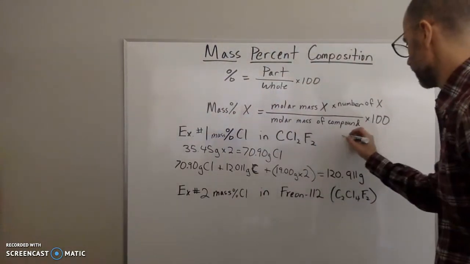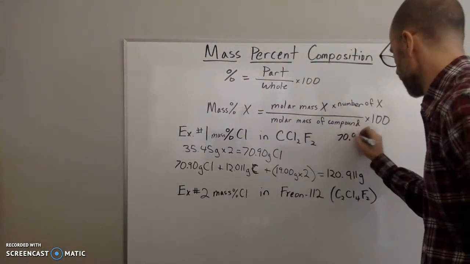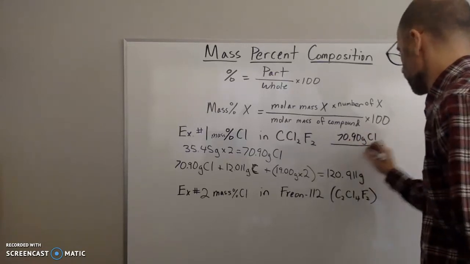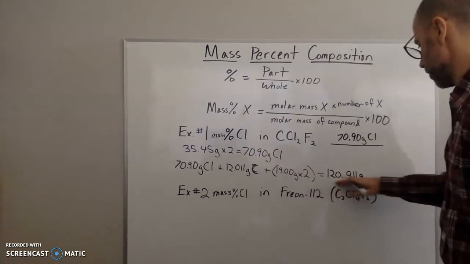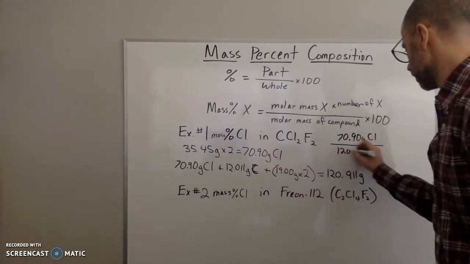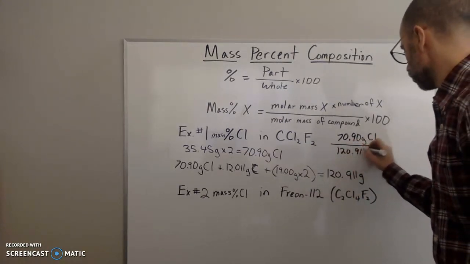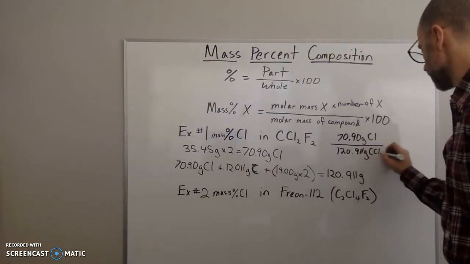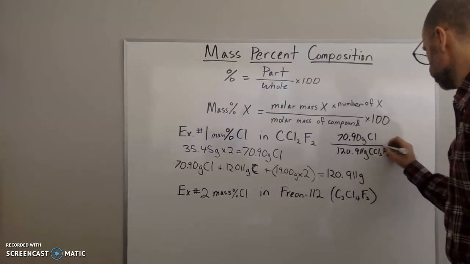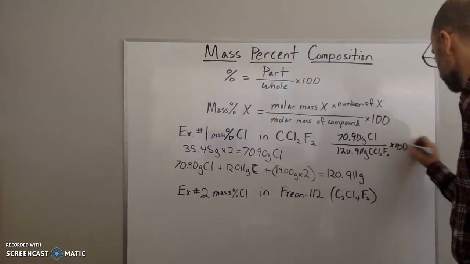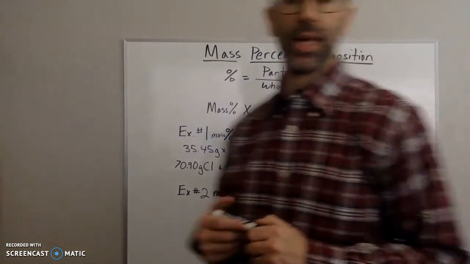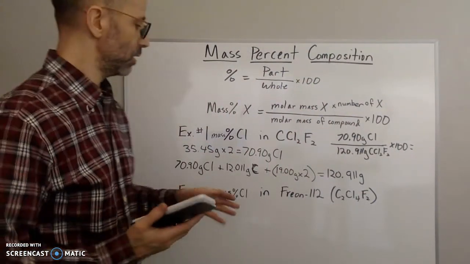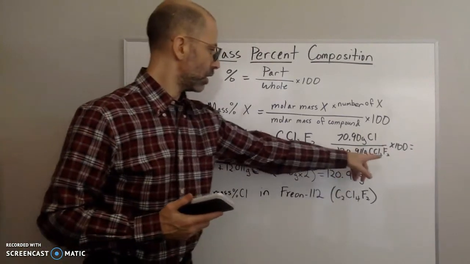So then I take the 70.90 grams of the chlorine divided by the total, 120.911 grams of the total, which is going to be my CCl2F2, multiplied by 100, and that's going to give me the percent mass or the percent composition of chlorine.